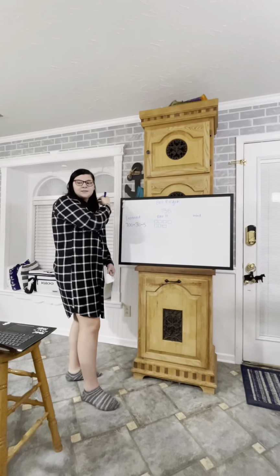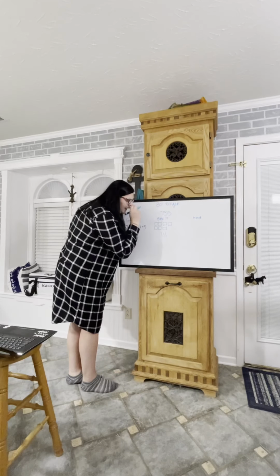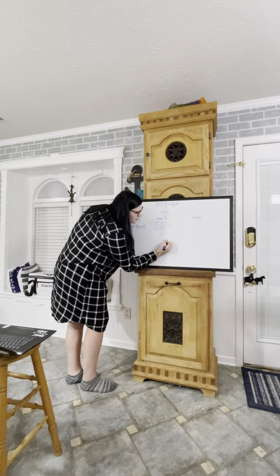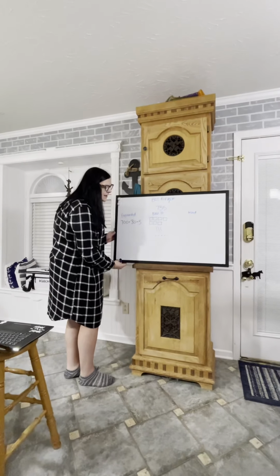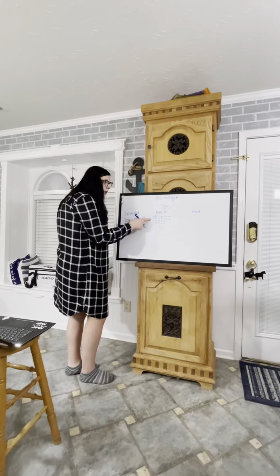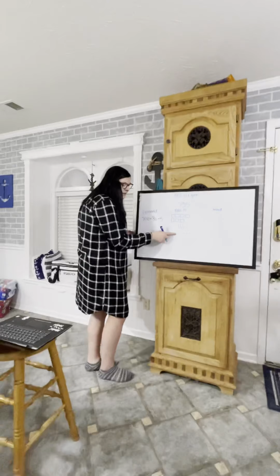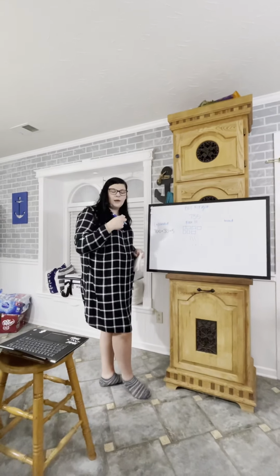What are we going to write next? Very good. 3 sticks. And lastly, 5 little units. Very good, because this stands for 100, this stands for 10, and this stands for 5. So as long as this and this match, then we are good to go.